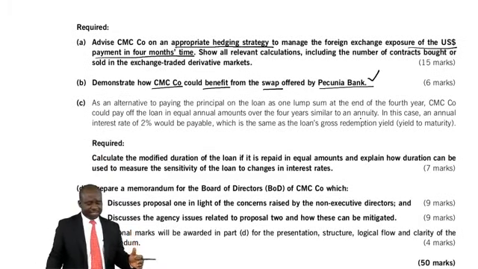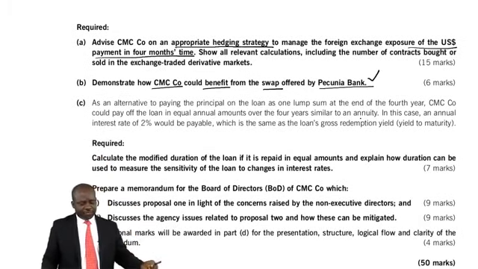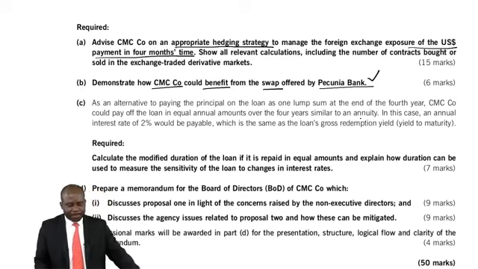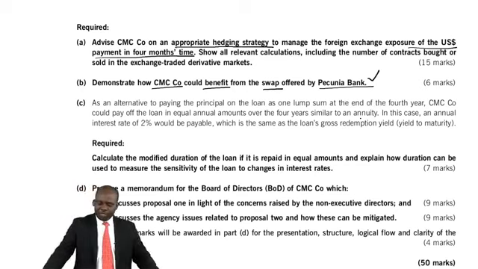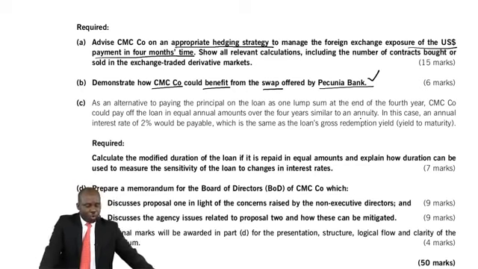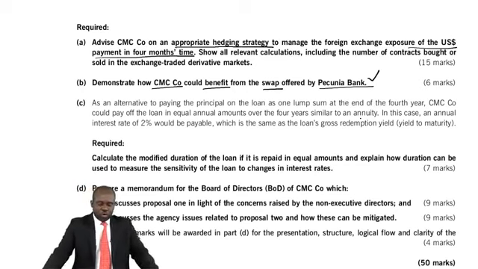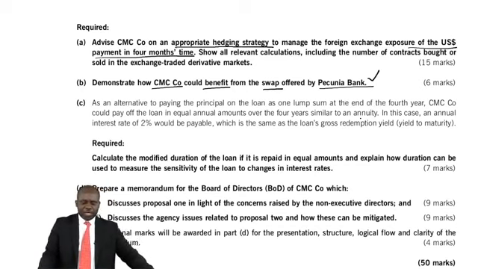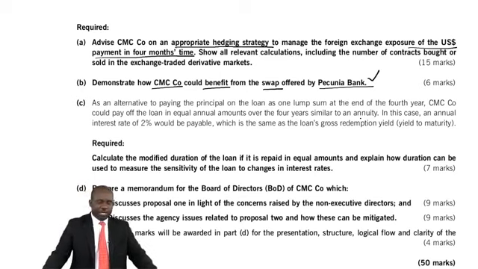C is saying, as an alternative to paying the principal on the loan as one lump sum at the end of the 4th year, CMC Co could pay off the loan in equal annual amounts over the 4 years, similar to an annuity.